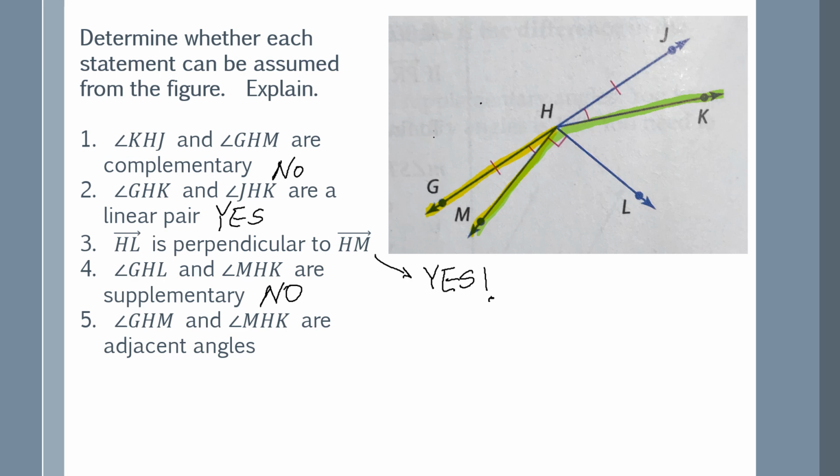Well, they have a common vertex, they have a common side, and no common interior points. So by definition of adjacent angles, we can state with certainty that yes, we can make that assumption that they are adjacent, because in the drawing they're adjacent. We can assume those are true. We can assume that.